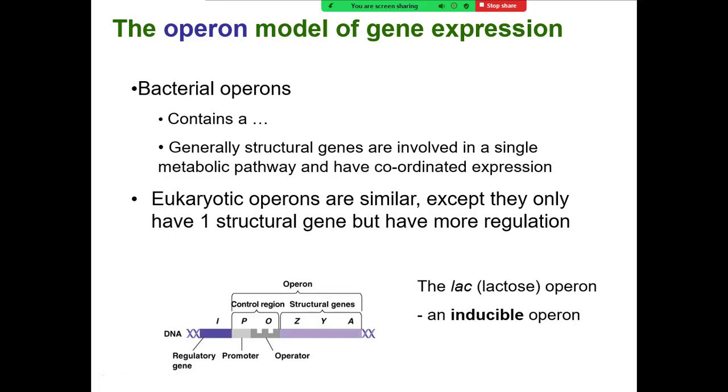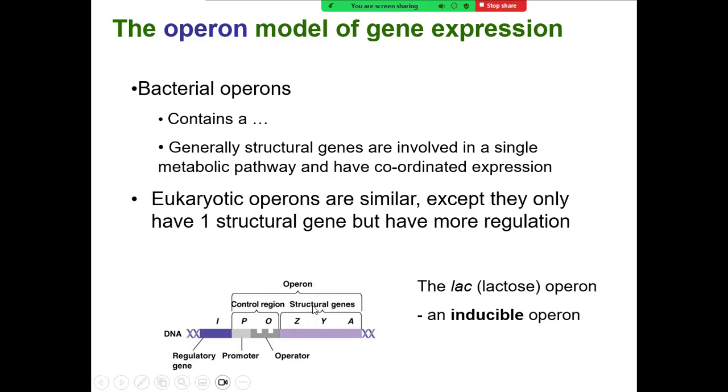Eukaryote operons are similar to prokaryote operons, except they only have one structural gene in each operon. So in eukaryotes, we would have three structural genes for the lac operon, and one structural gene would encode the enzyme lactase.